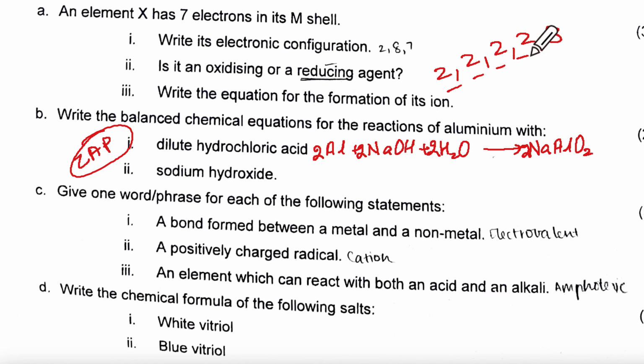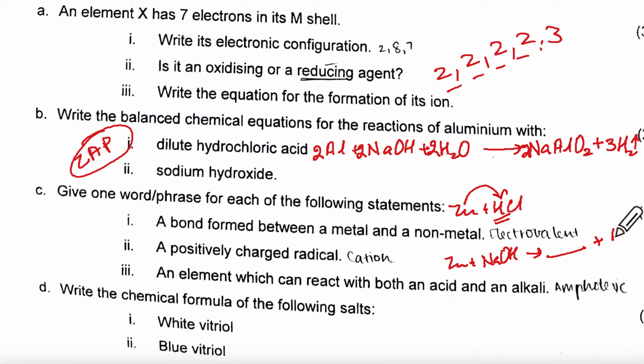So we finish 1, 2, 3, 4. Can you see that? And plus it will liberate 3H2. How do you remember this? Because if I have an active metal and HCl, it liberates H2, correct? So you will have amphoteric plus NaOH also will give complex salt and H2. So H2 it will be. Okay, so this is your second reaction.